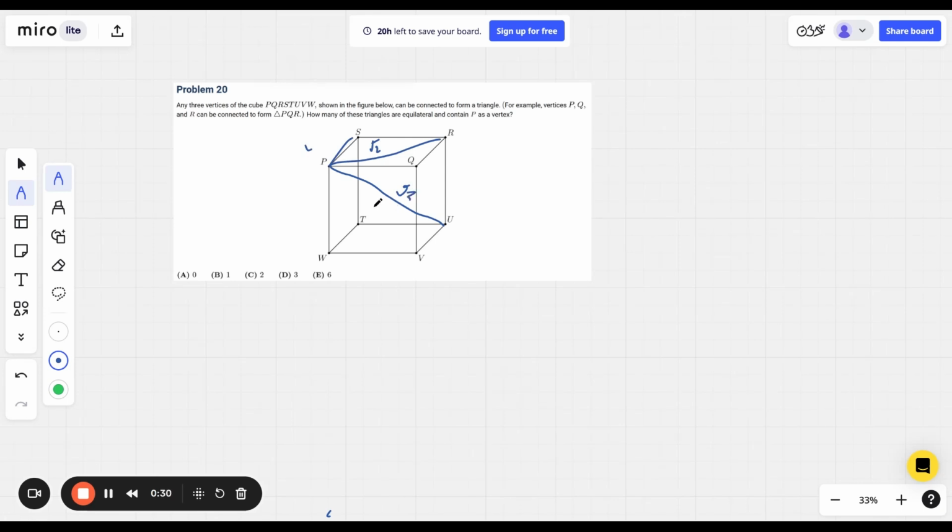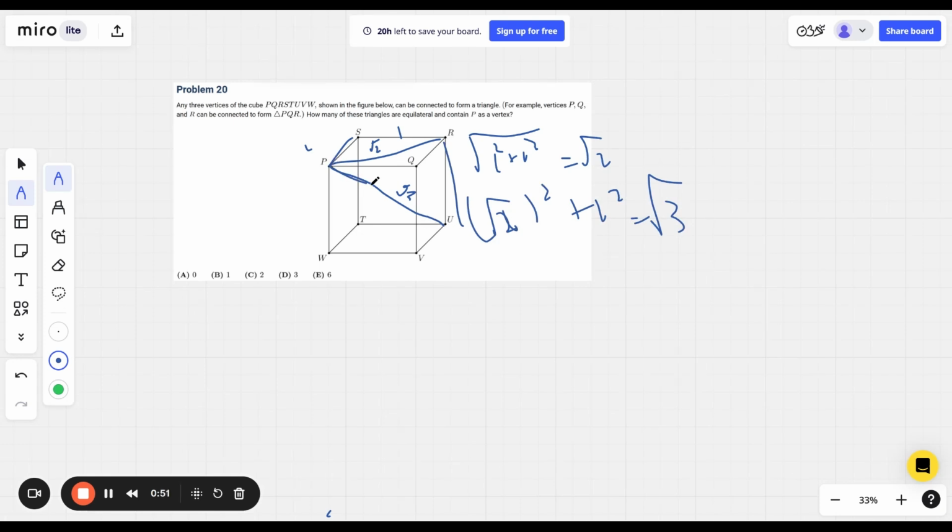The reason this one is square root of 2 is because 1 squared plus 1 squared, square root, equals square root of 2, and this one is square root of 2 squared plus 1 squared equals 3, and then we take the square root.